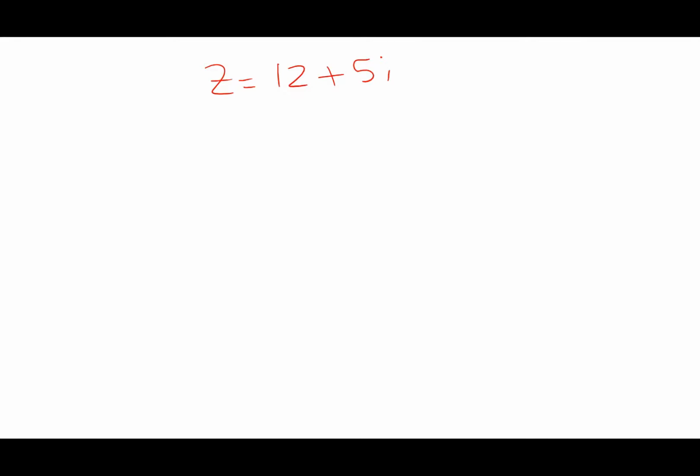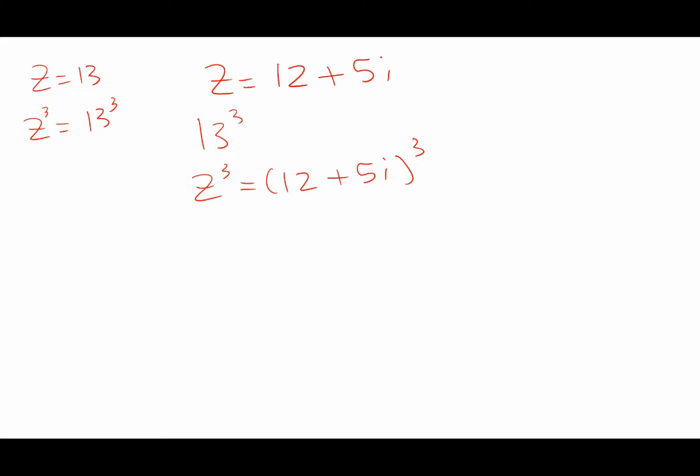Well, our hypotenuse that we have to get to is 13 cubed. Well, in this case, z equals 13. So to get 13 cubed, we have to also cube z. So z cubed, whatever we do to the left side, we have to do to the right, has to equal 12 plus 5i cubed.